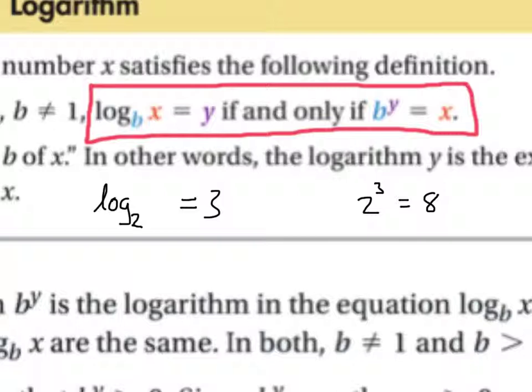We use the same language for logs as we do for exponents. In the exponent, the 2 is called the base. Well, therefore, in the log, the 2 goes down here. That's called the base. So we have log base 2. And then it's log base 2 of, in this case, 8. Log base 2 of 8 equals 3. This right here is simply asking the question, how many 2's do I multiply to get 8?